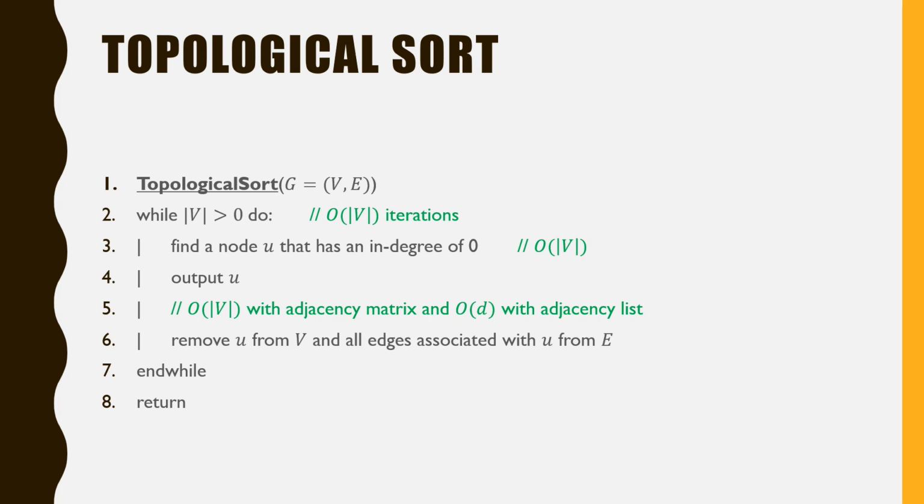The bottleneck of the algorithm is the O(V) time spent per iteration to identify a node with no incoming edges. Since there are O(V) iterations, the total time complexity is O(V squared), regardless of the specific implementation.